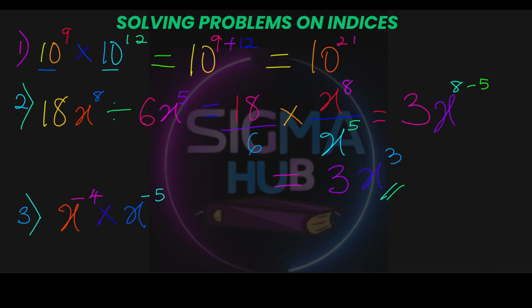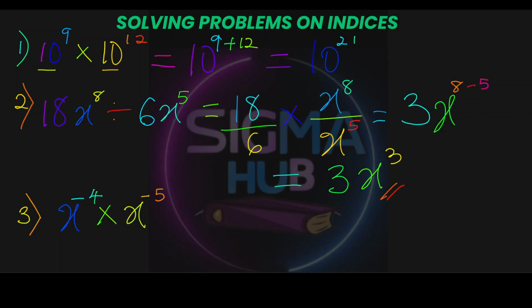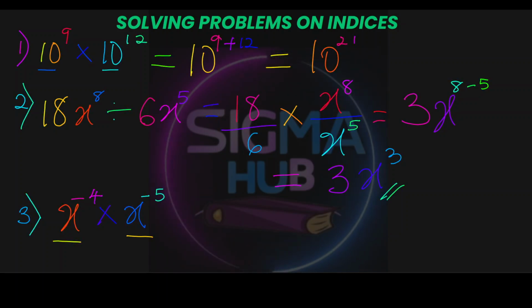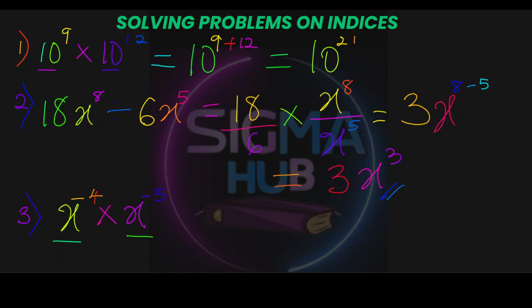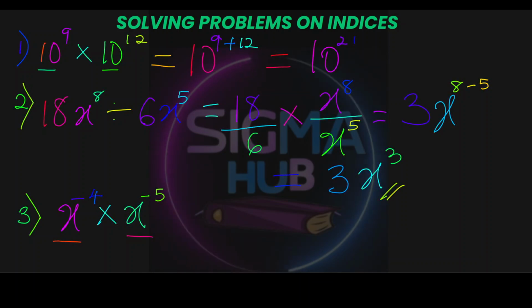Now let's look into another problem. This third problem says x raised to the power of minus 4 times x raised to the power of minus 5. As you can see, the bases are the same, a common base. And there is multiplication between them, so we just add the powers.